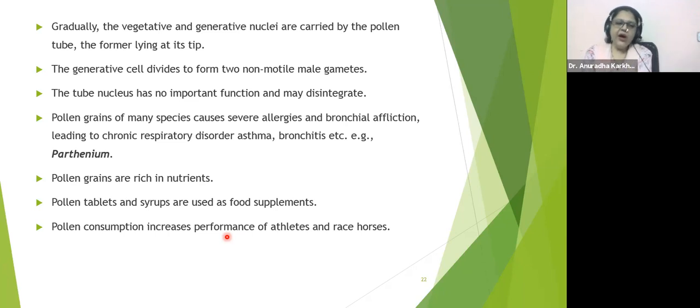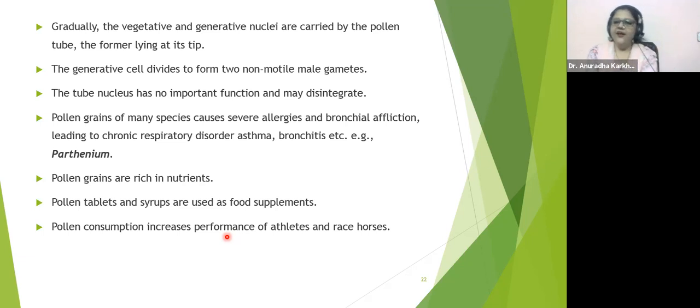Got it? So ultimately, let it be 2-celled or 3-celled, the pollen tube will carry 3 things. What are the 3 things? First, tube nucleus. Second and third, 2 male gametes. Got it? Clear? This sentence is clear?